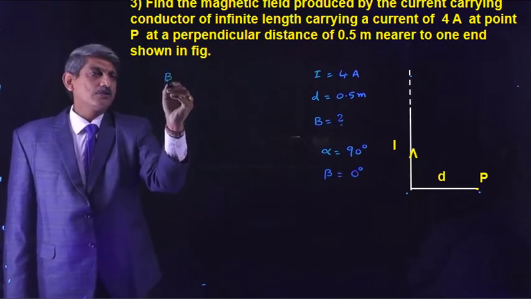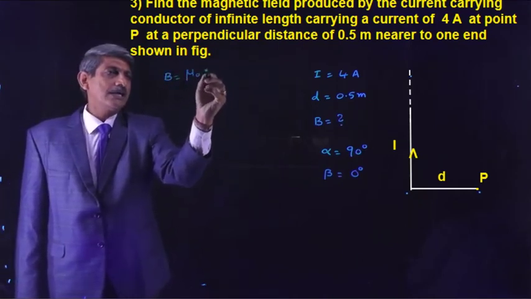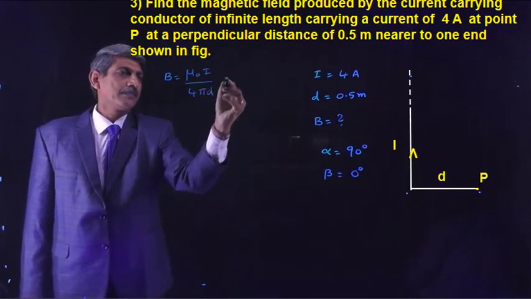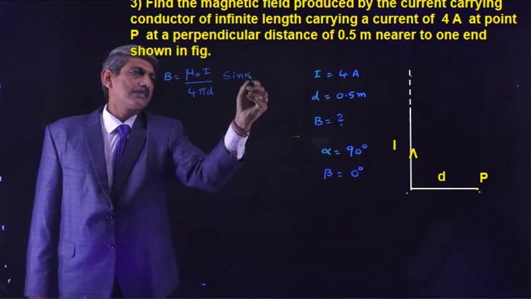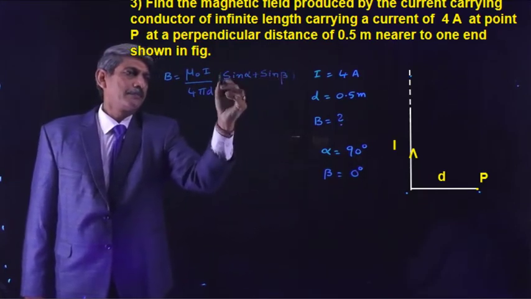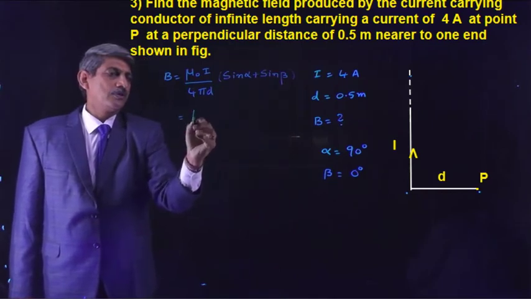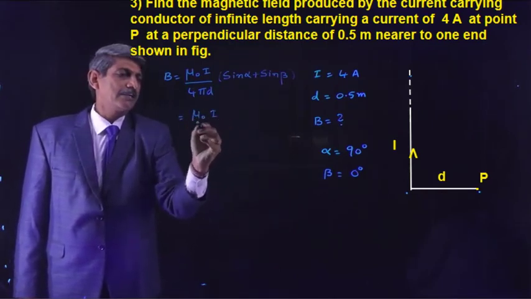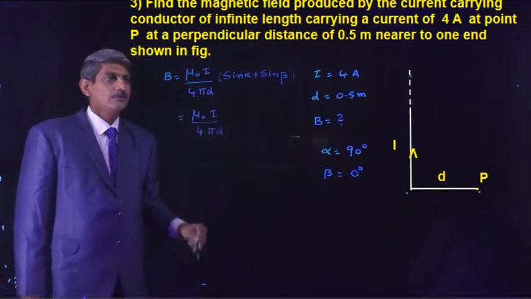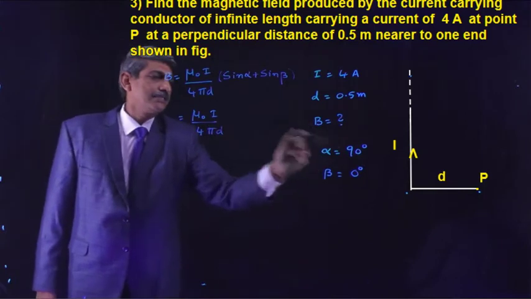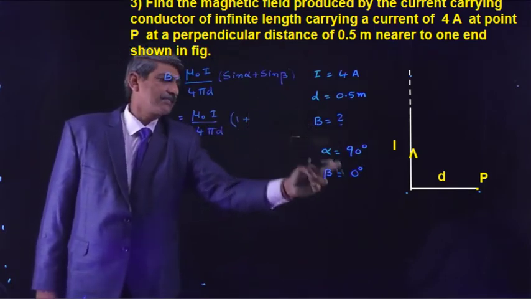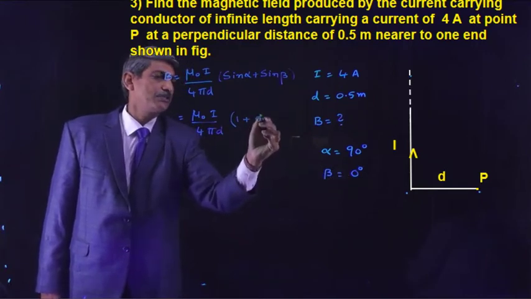What is that? B is equal to mu naught I divided by 4 pi d into sin alpha plus sin beta. This is equal to mu naught I divided by 4 pi d into sin alpha, sin 90 is equal to 1, plus sin beta, sin 0 is equal to 0.